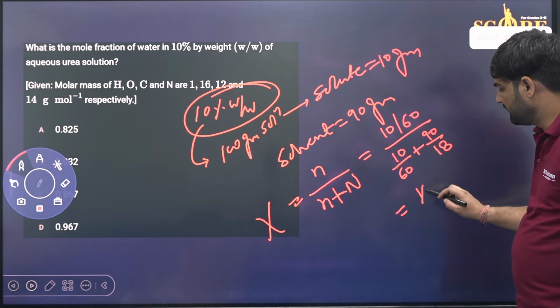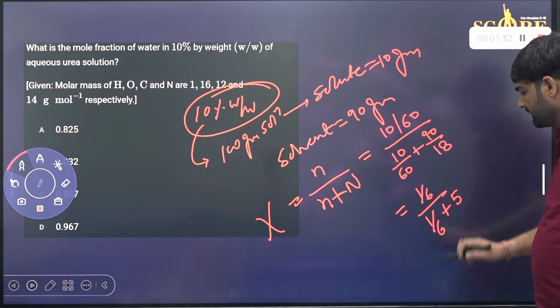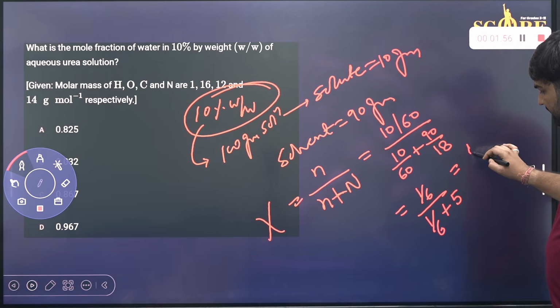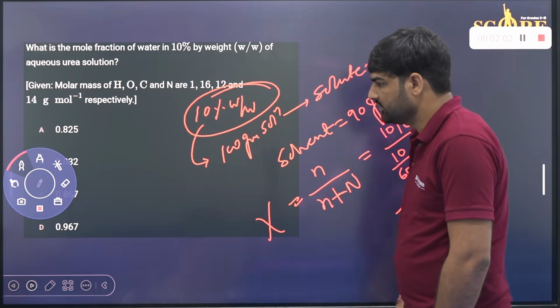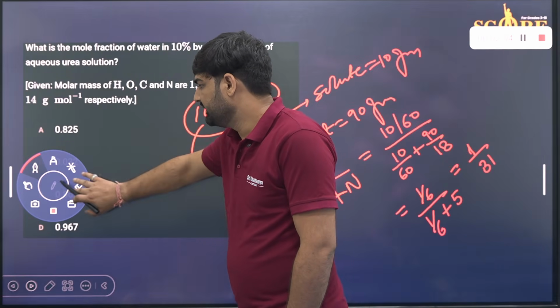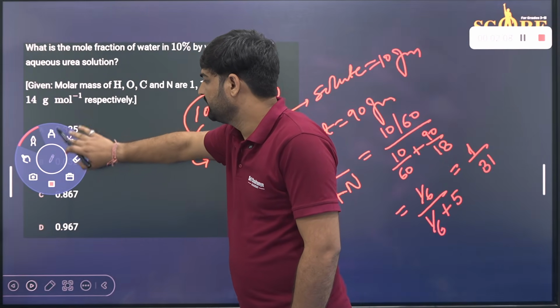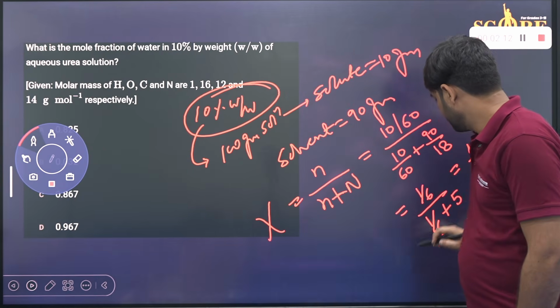If you calculate, this is 1 by 6, and this is 5, so this will be 1 upon 31. By this we can calculate mole fraction. If you calculate this, this is your answer.